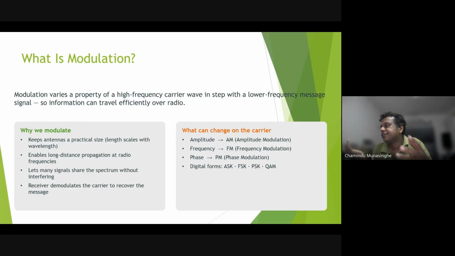We can change the frequency, and we can change the phase, right? As well, and there are digital forms as well, like amplitude shift keying, a type of amplitude modulation but for digital signals. But we are not going to talk about those at length. I just noted it down here. You guys can refer to it, right? So that is modulation.